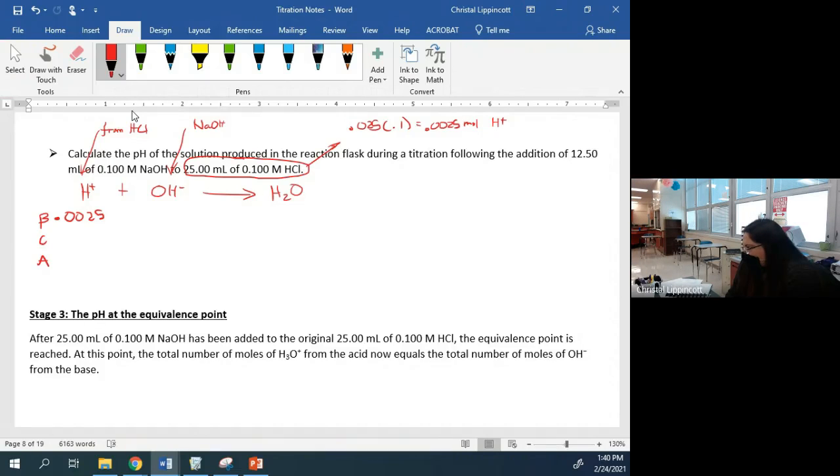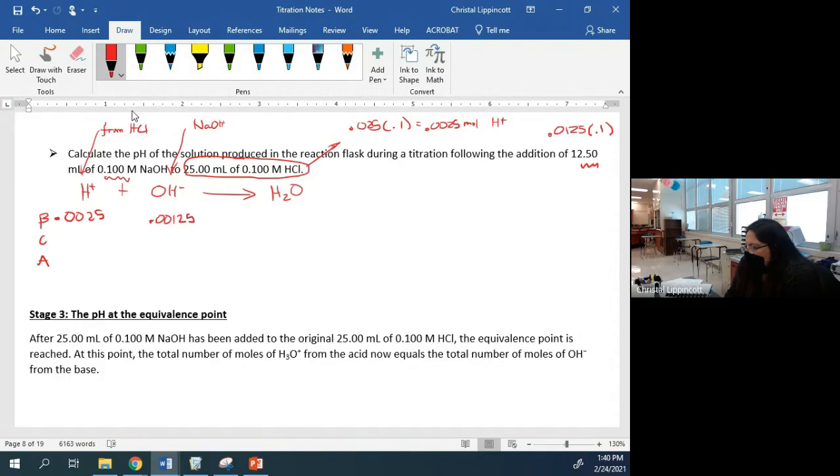If I'm in ICE, then I deal with molarity. Then I'm going to calculate my moles of OH- ions. So I'm going to take 0.0125 times 0.1, and that's going to tell me my moles of hydroxide ions: 0.00125.